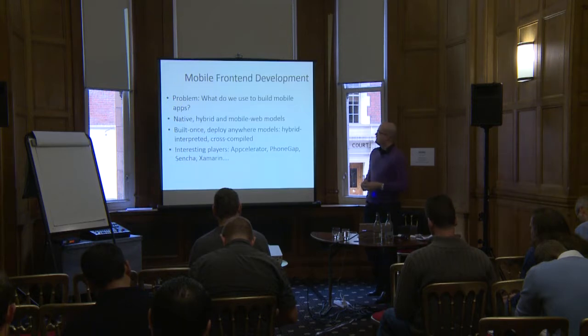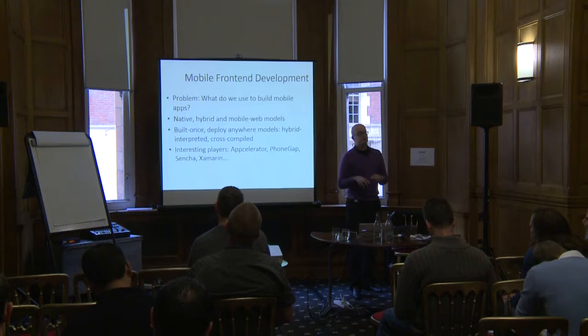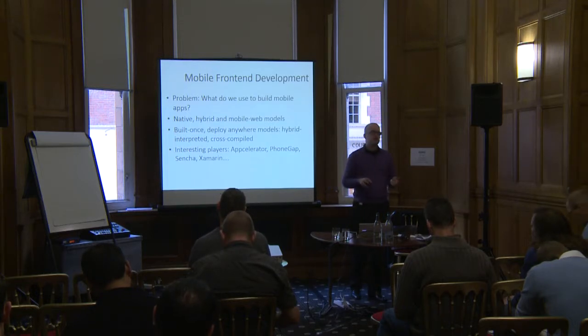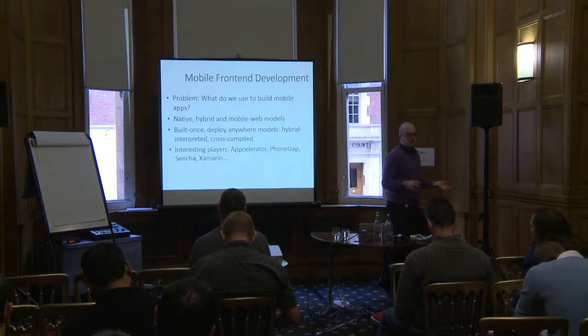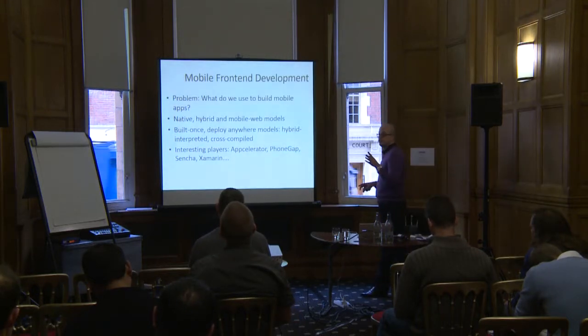So the other area that as a company you have to consider in your mobile strategy is how are you going to build apps? Like, what does that mean? And it's not always picking the right technology, it's picking the right technology for you.